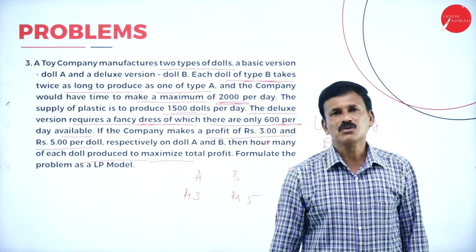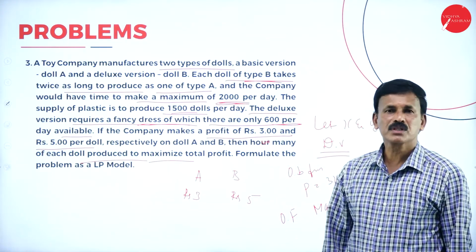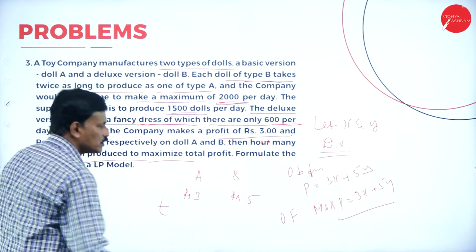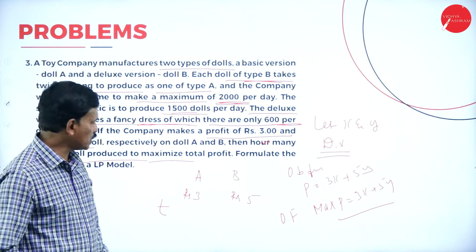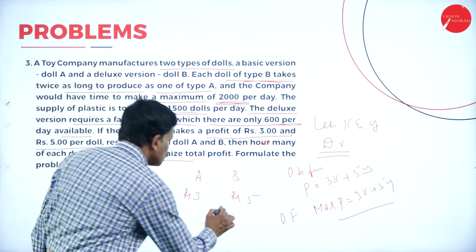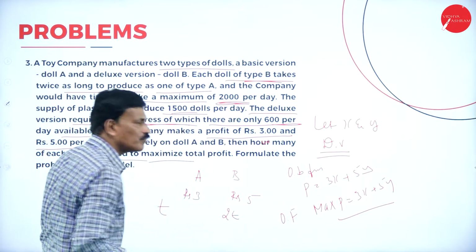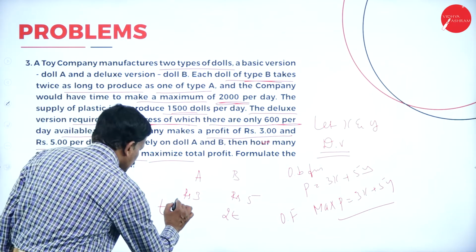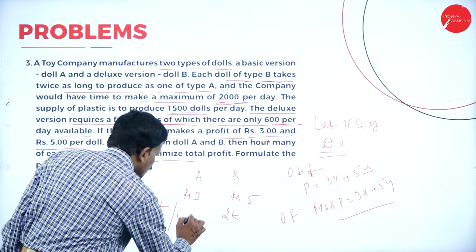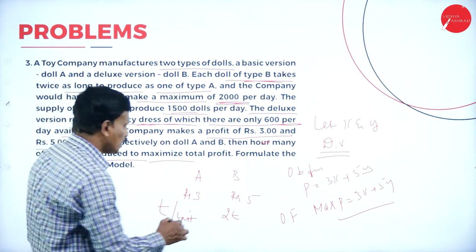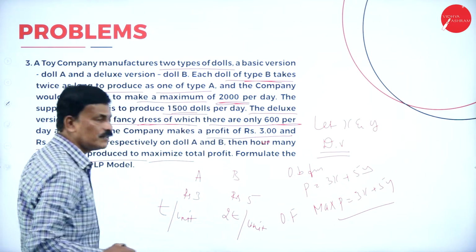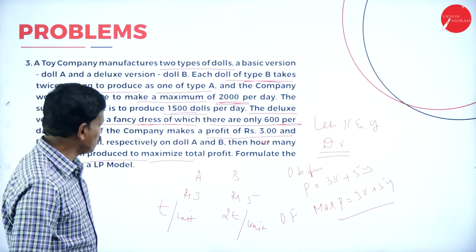Now what is the condition given? Suppose T is the time taken for the doll A, and 2T is the time taken per unit for the doll B. So T is the time taken per unit for the first product and 2T is the time taken to manufacture the doll B of type 2.